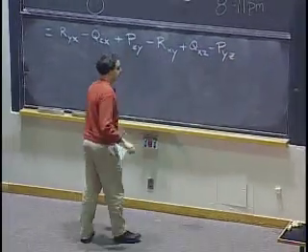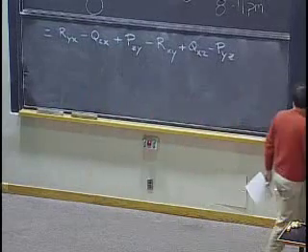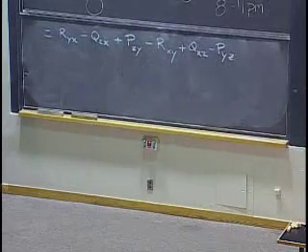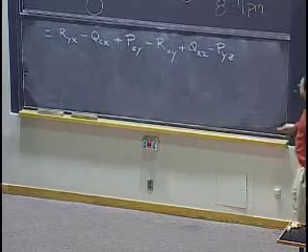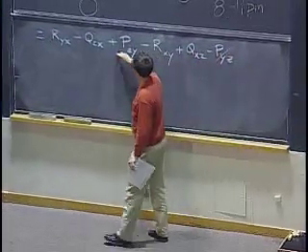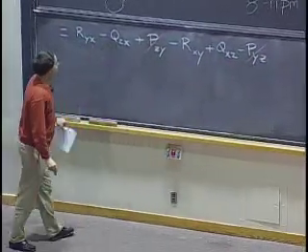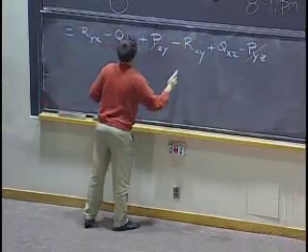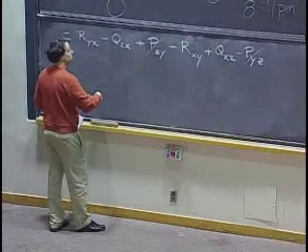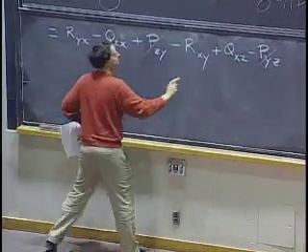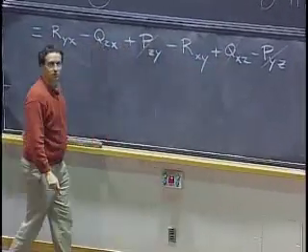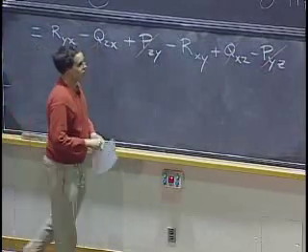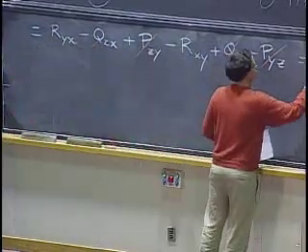Well, let's see. We have P sub zy minus P sub yz. These two cancel out. We have R sub yx minus R sub xy. These cancel out. Q sub zx and Q sub xz. These two also cancel out. So indeed, the divergence of a curl is always 0.